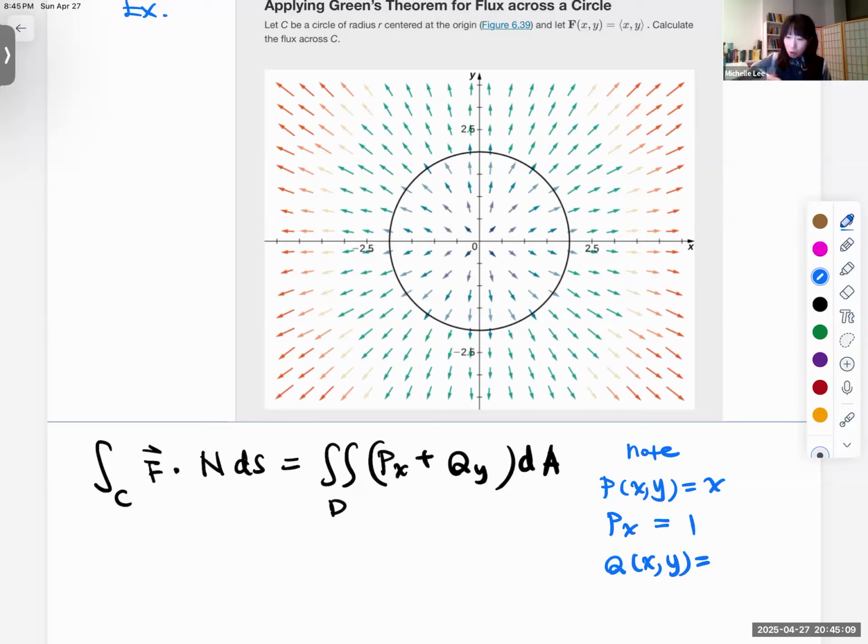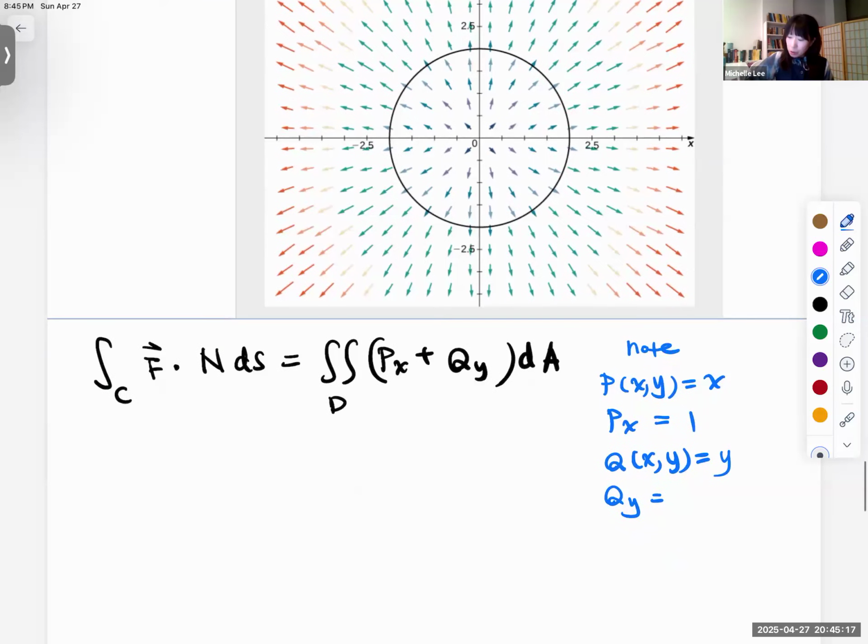We have y, and then we take the derivative with respect to y. So it's also 1. Now, we have region D. So what do you get? We add them together, so we have 1 plus 1 dA, right?